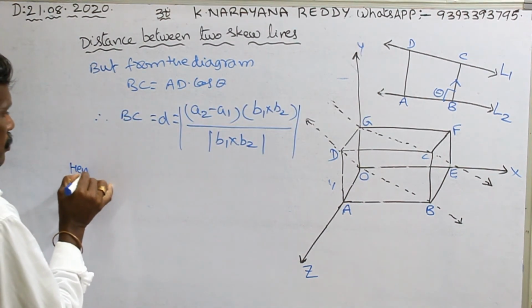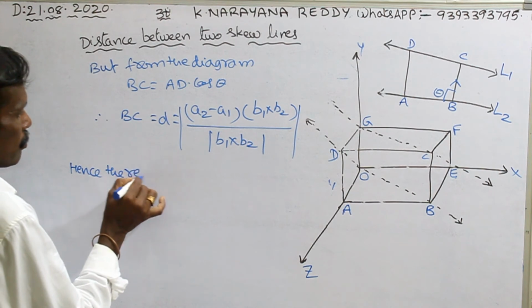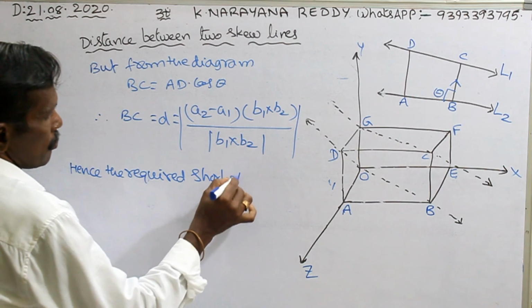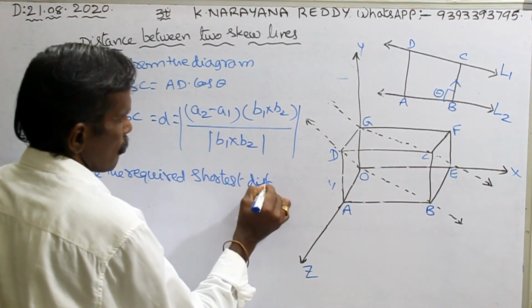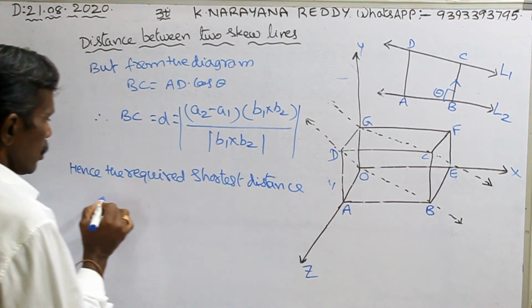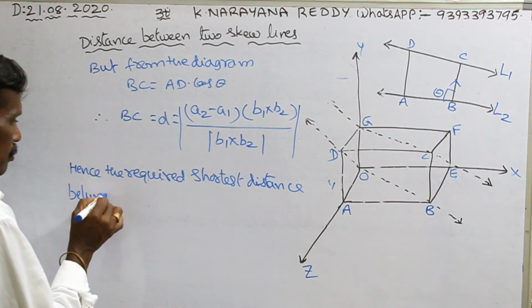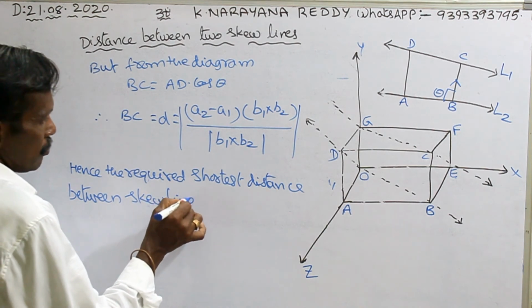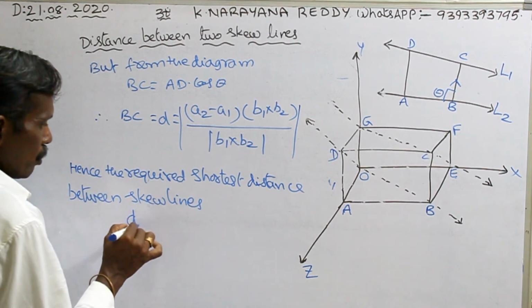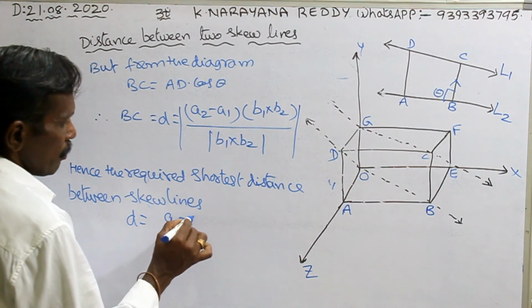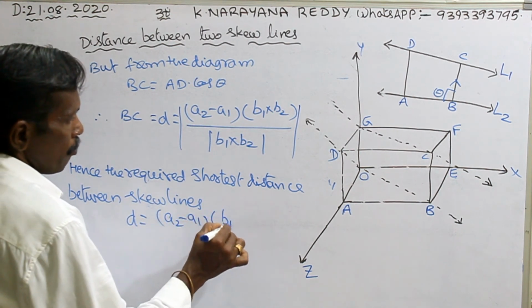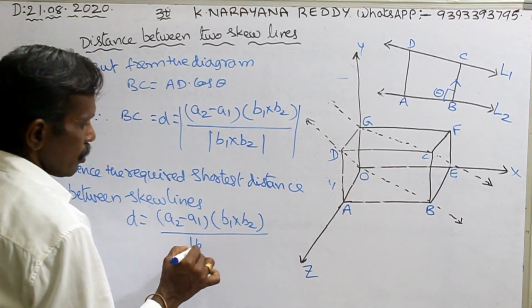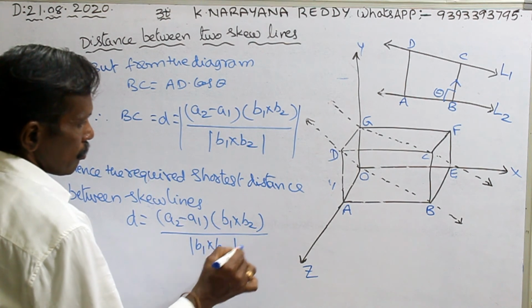Hence, the required shortest distance between skew lines d equals (a2 minus a1) dot (b1 cross b2) divided by mod b1 cross b2.